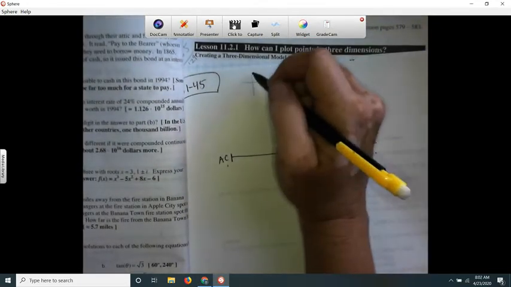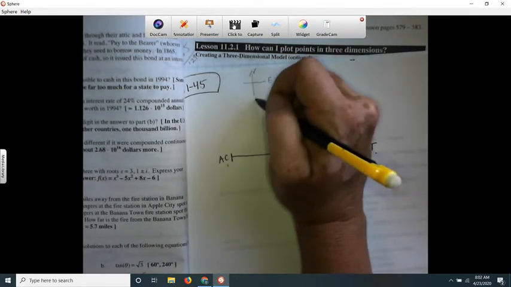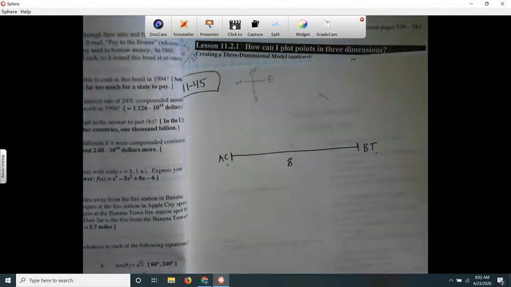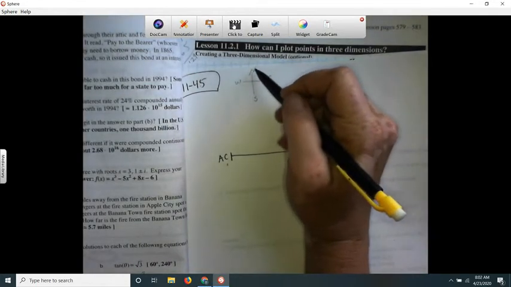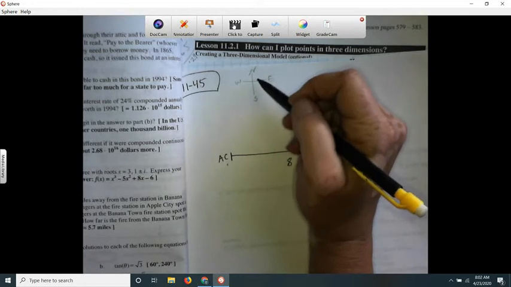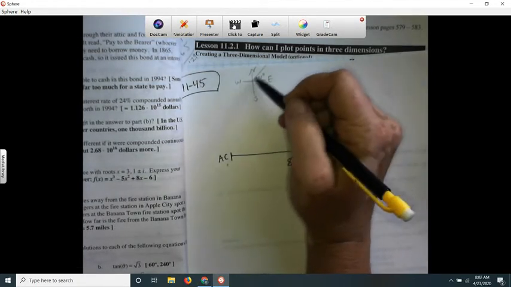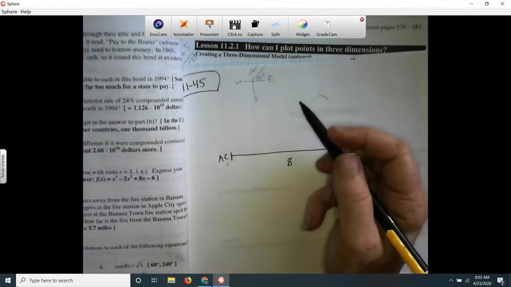You know how you can go north, south, east, west, right? So if it's northeast by 44 degrees, there's north and there's east, so it's 44 degrees northeast. So I'm going to draw a line.